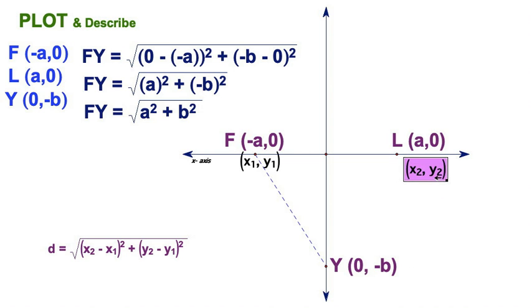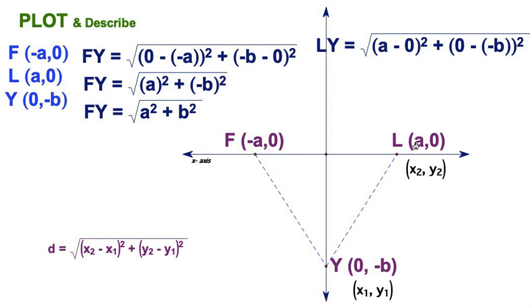And then let's shift over here and have a look at the distance from Y to L, or L to Y. Personally, when I choose my x1, y1, I always choose x2, y2 to the right. So I'm going to take a minus 0 and square that quantity, and 0 minus negative b and square that.